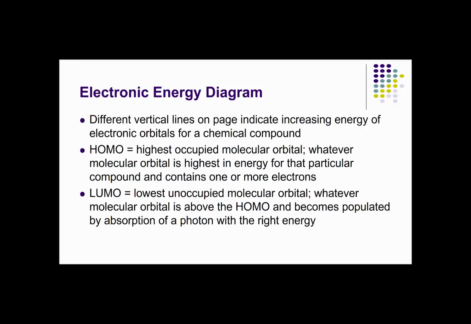We often use electronic energy diagrams in order to understand the process of absorption and emission. In these diagrams, you'll typically see a series of vertical lines. Each line corresponds to a different electronic orbital.